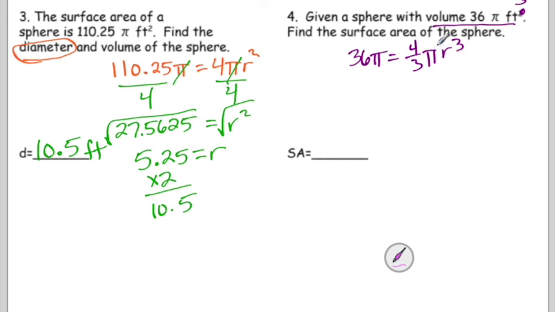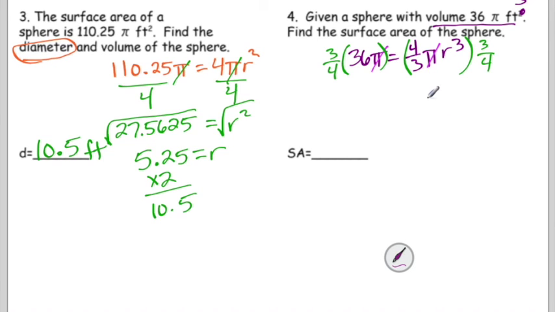What's great, again, they can divide by pi by canceling the pi's out. That's perfect. Then, to manage the fraction here, we're going to multiply by the reciprocal of 3/4. So to get rid of the fraction, again, multiply by the reciprocal of it, 3/4. So that you no longer have that in your work.